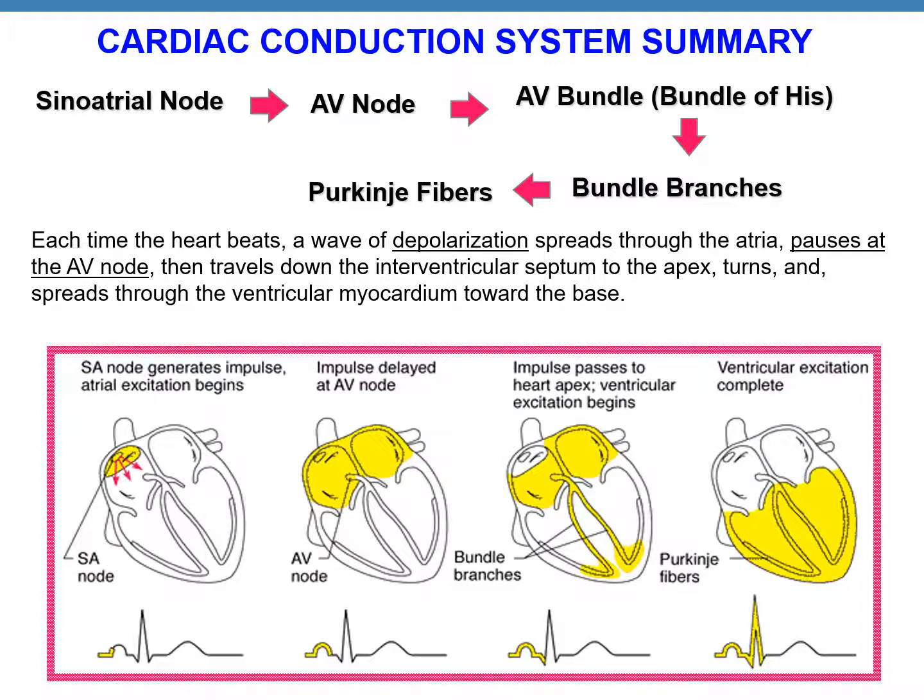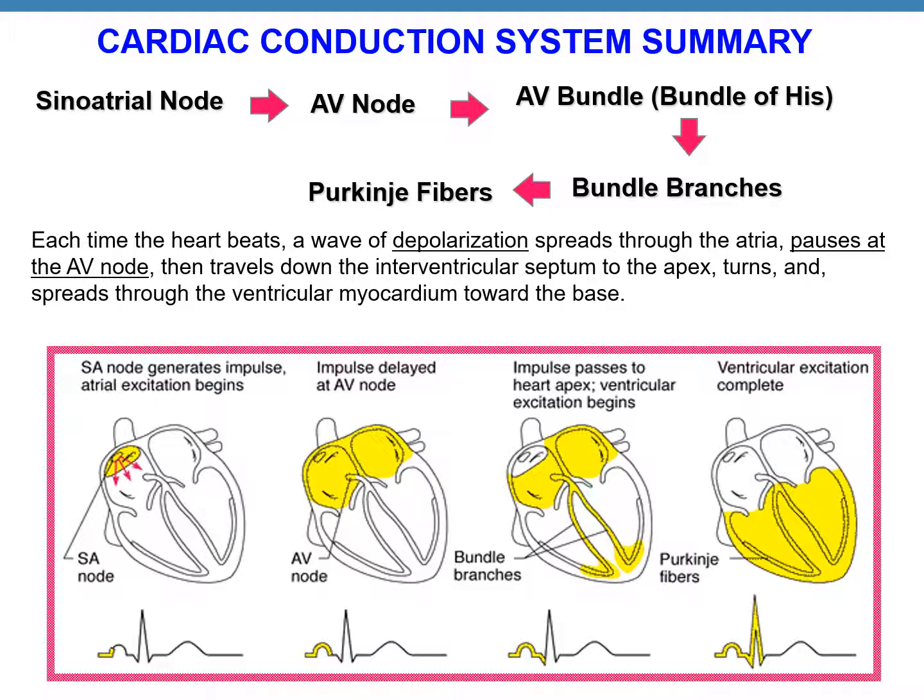When the impulse moves from the SA node to the AV node, the atria contract in a top to bottom direction. But if you notice, after that, the action potential travels down along the interventricular septum, and it is not spreading into the muscles of the ventricles, and the ventricles are not contracting from top to bottom.